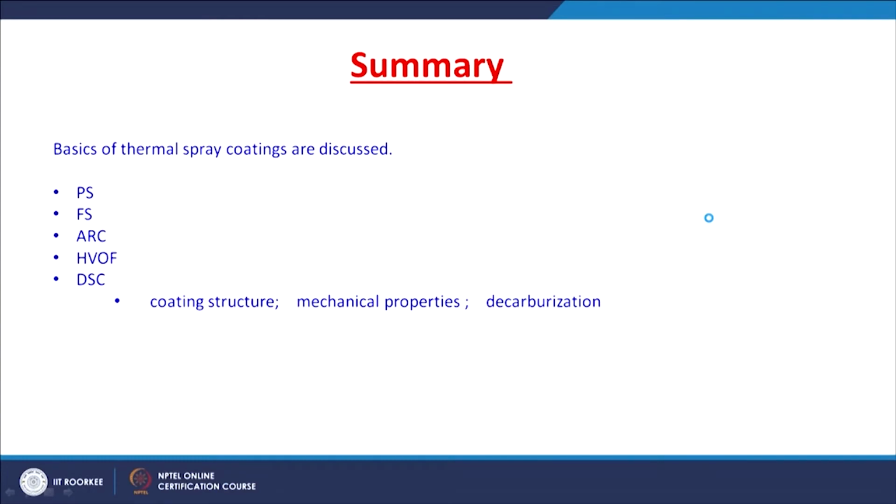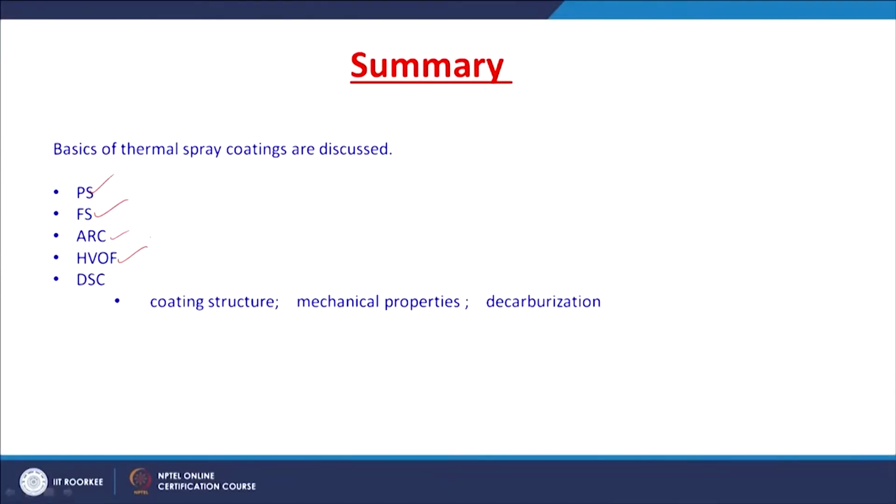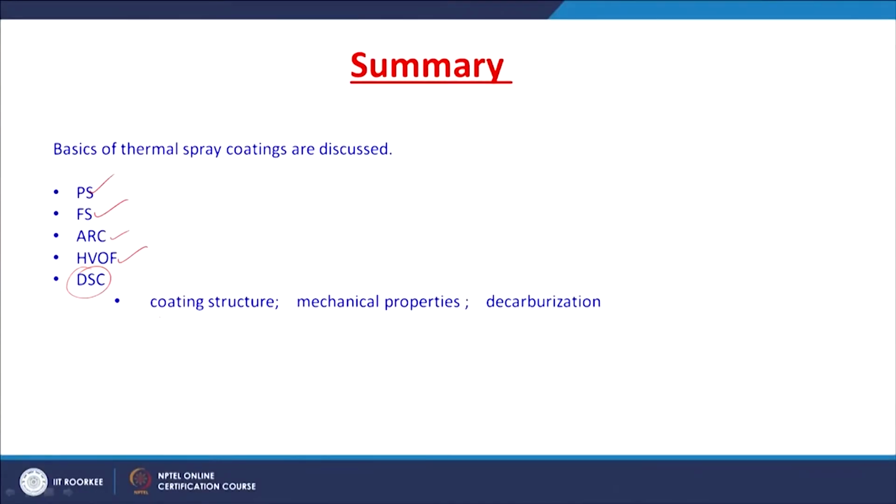Finally, summarizing today's class, the basics of thermal spray coatings are discussed, mainly the basic principles of plasma spray, flame spray, wire arc coating technique and high velocity oxy fuel. In addition to that, the detonation spray coating is discussed a bit more elaborately, mainly concerning the coating structure, the properties and decarburization.